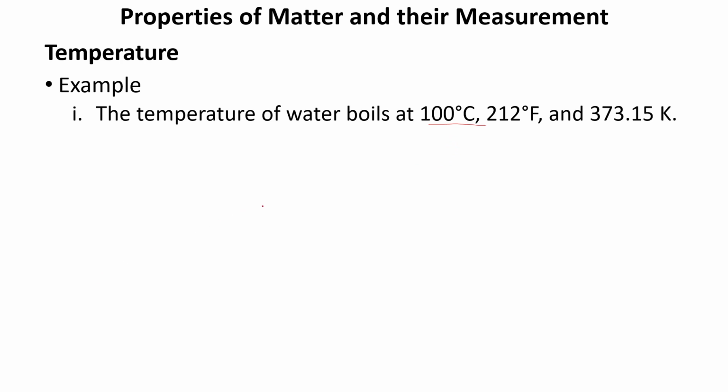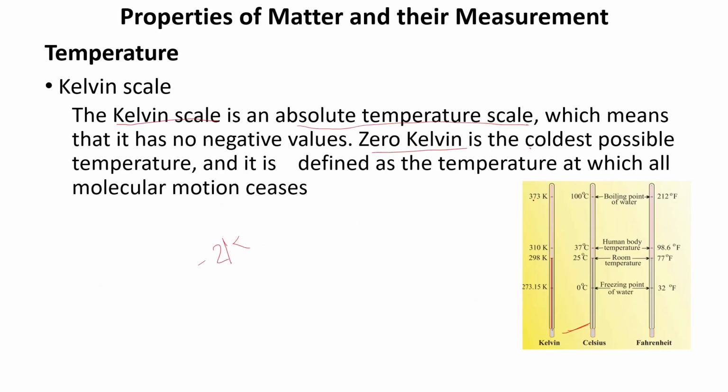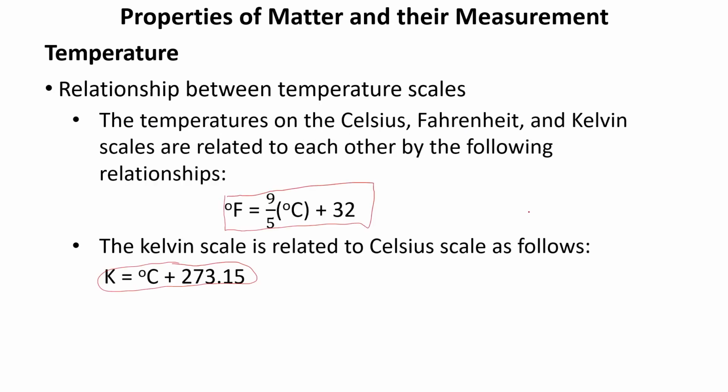You know the relation that Kelvin equals degree Celsius plus 273.15. So we put here 100 plus 273.15, which gives you 373 Kelvin, the boiling point of water, as mentioned here also.